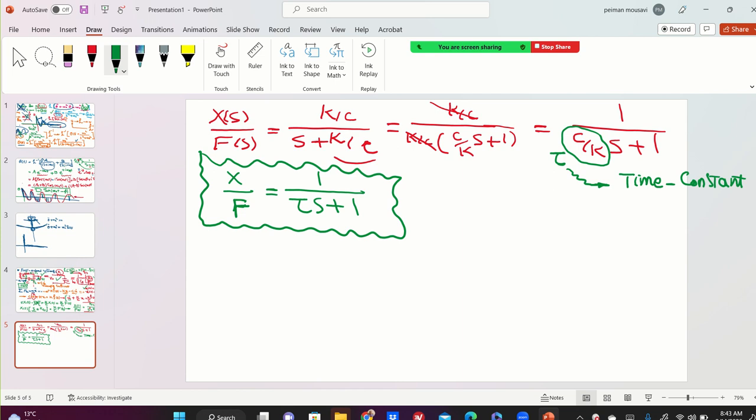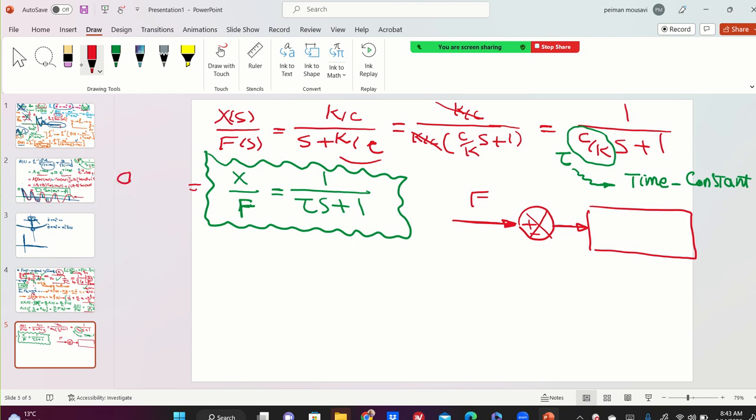Okay, I want to plot the block diagram because eventually in Simulink we're going to do that. So you know that for the unity feedback, this is your F, plus minus. This is your G. This is the closed loop transfer function. Here we're going to put G. What was the name of the G? You tell me.